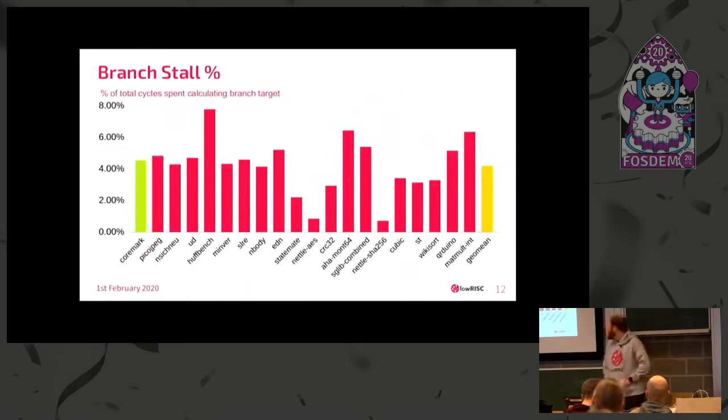So this first graph here, on the x-axis, you can see the various benchmarks. On the far left is CoreMark. On the far right is a geometric mean of all of these numbers. And in the middle is the mbench benchmarking suite. And what we have here is the percentage of total cycles spent calculating the branch target.